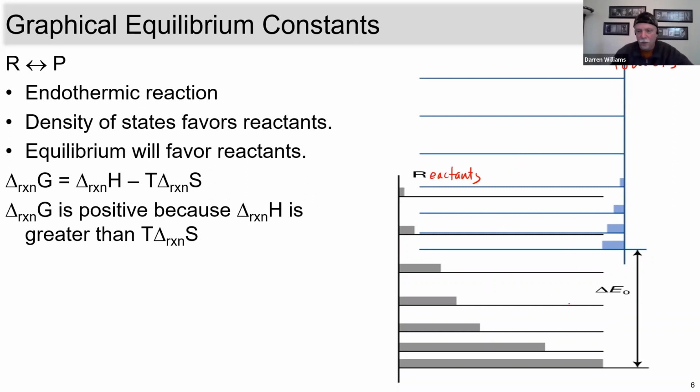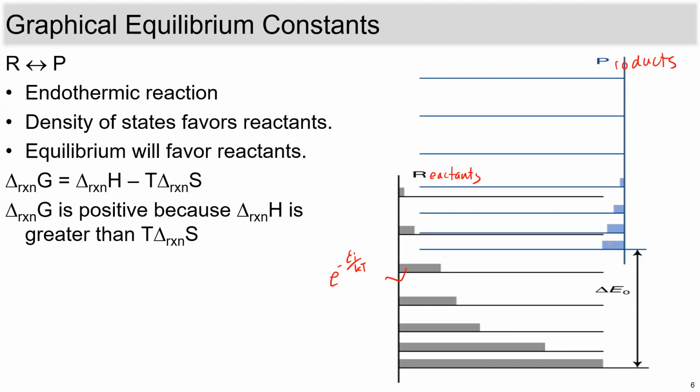And so notice how these bars decrease, as you might expect, with the Boltzmann distribution. As you go up in energy, the bars get smaller and smaller because you have smaller and smaller Boltzmann factors, e to the minus Ei over kT. But notice how this blue energy level is between the 2 gray ones. And notice how this bar here is intermediate between this one.